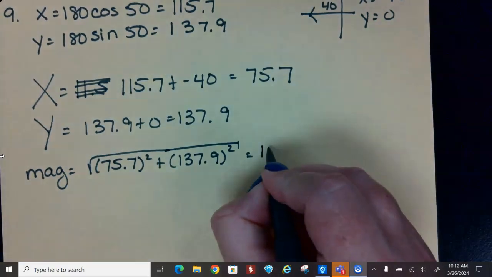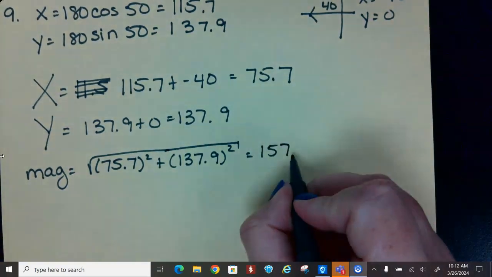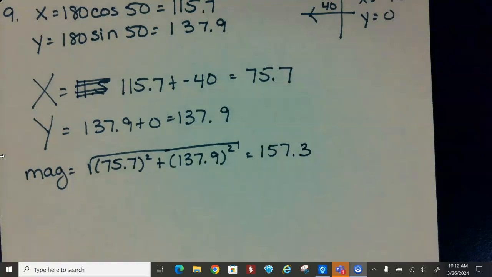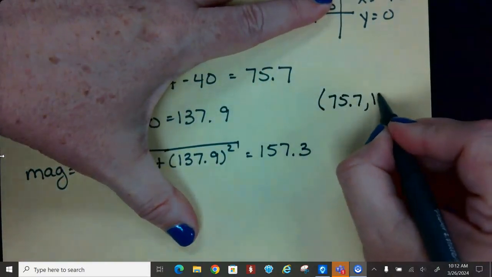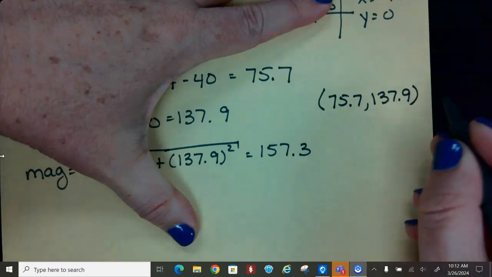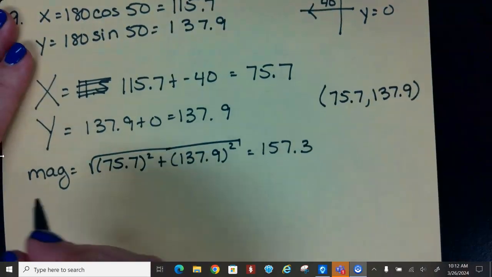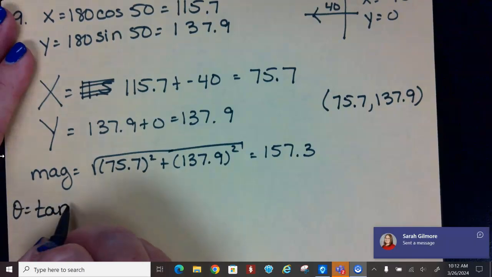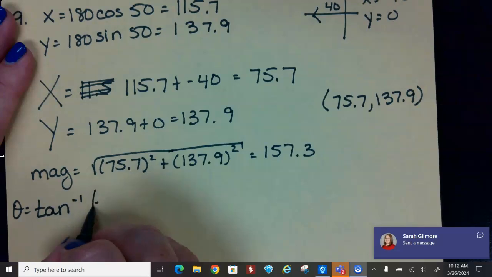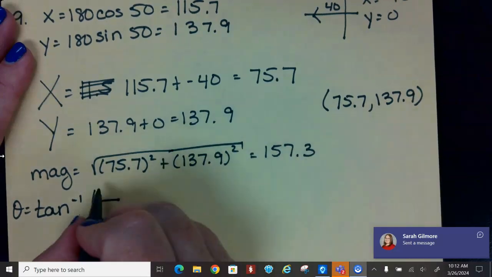I got 157.3. Okay. By the way, here's my components, 75.7 and 137.9. These are in quadrant 1 because we're all positive. So when we have to find my angle, we're already in quadrant 1. So y over x.